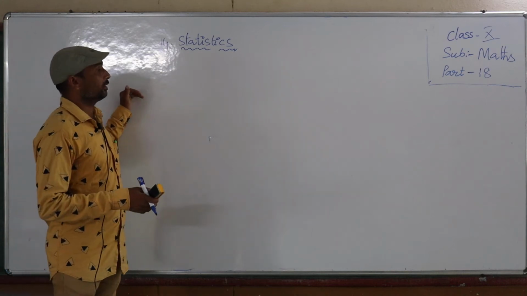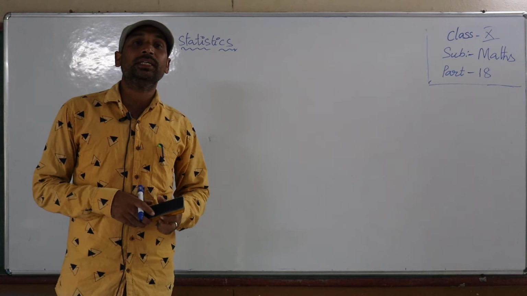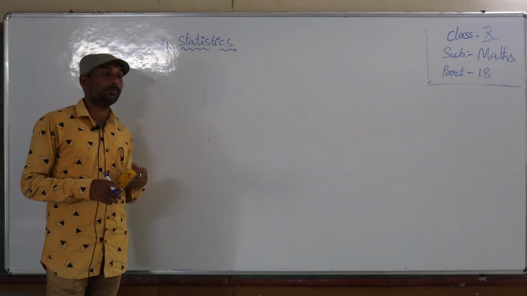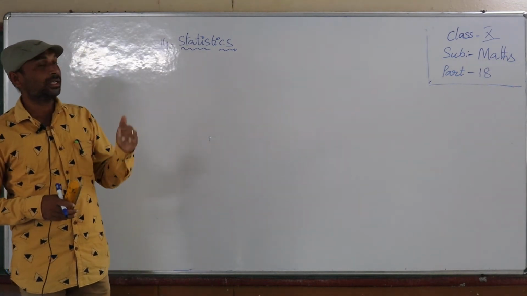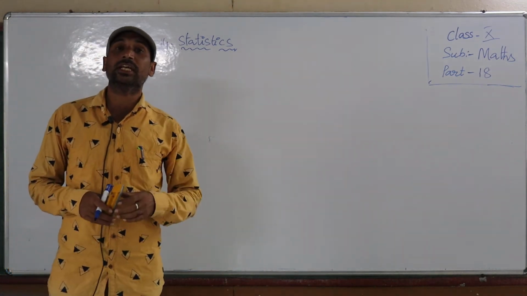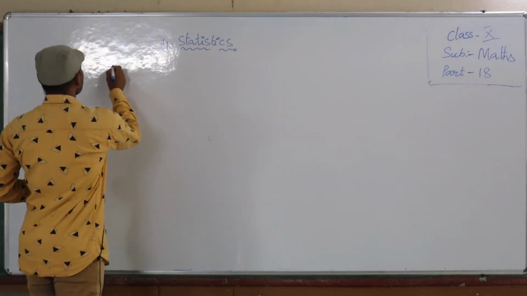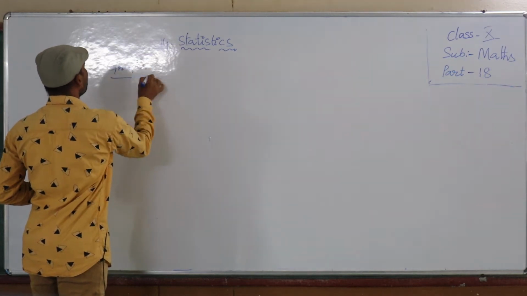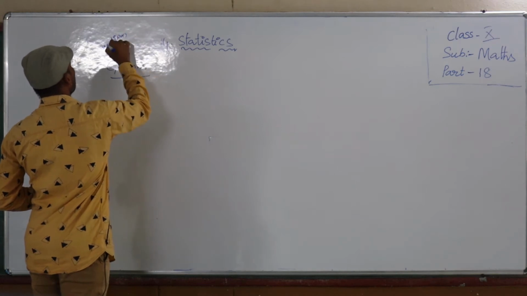So here, after mean, median, mode, comes a very important topic for 4 marks: how to represent graphs using graphical representation. See children, by using graphs we can find only the median.